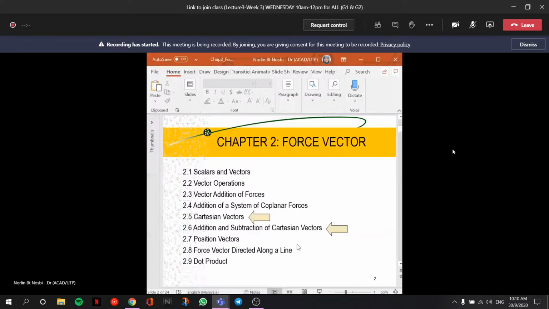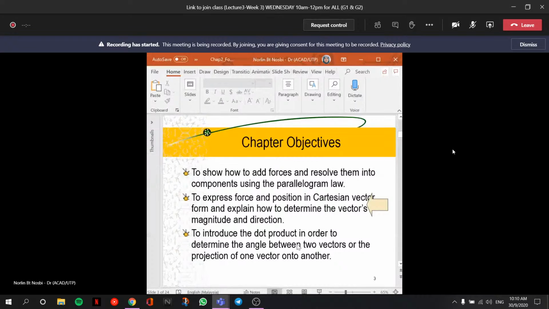For chapter 2, there are just 3 objectives. Today I will cover the objective on force and position in Cartesian vector, so we will look at the magnitude and the direction.